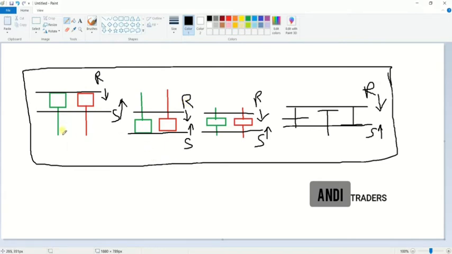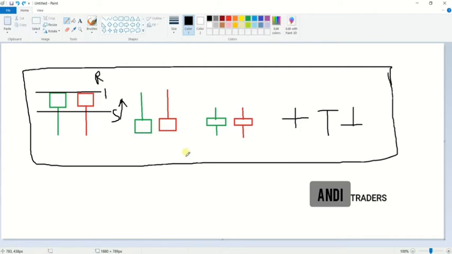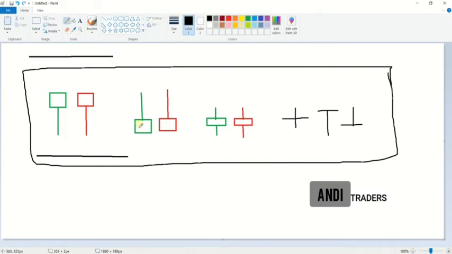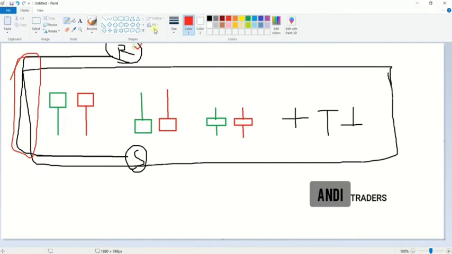And if we see any of these candles in the middle of the trend, so what is the middle of the trend? Suppose the support level is here and the resistance level is here, right? This is the support level and this is the resistance level. So this market is in the middle of the trend because it is in the middle of these two levels, this resistance and this support.